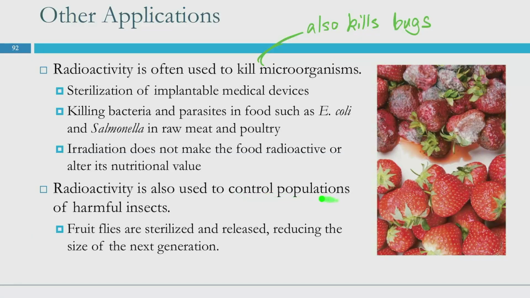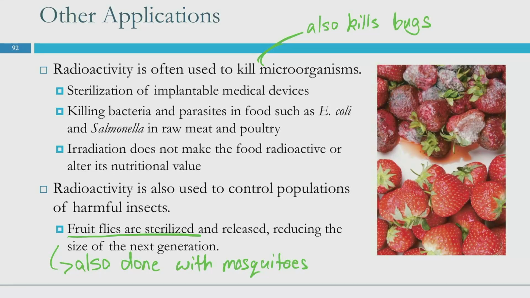You can also use it as part of controlling populations of harmful insects. So you can sterilize fruit flies and then release them, and then they go on and try to make the next generation of fruit flies, but they can't, and so they're just kind of wasting everyone's time, and so then you get fewer fruit flies produced. In our area, this is done with mosquitoes. So you make it so that they can't reproduce.